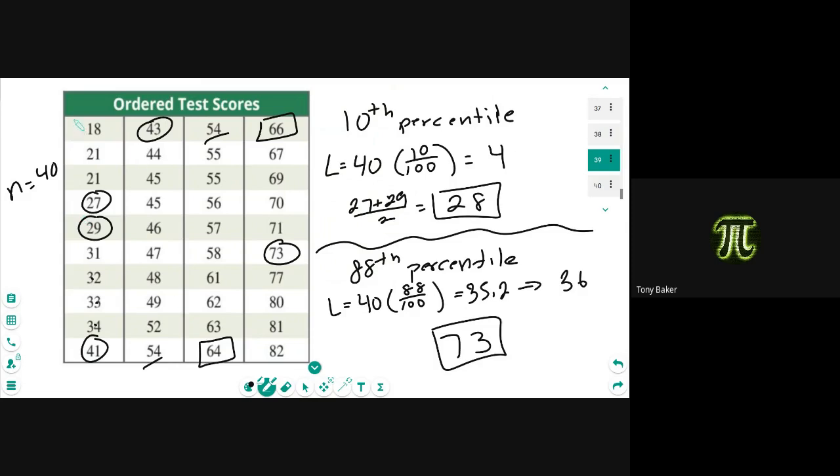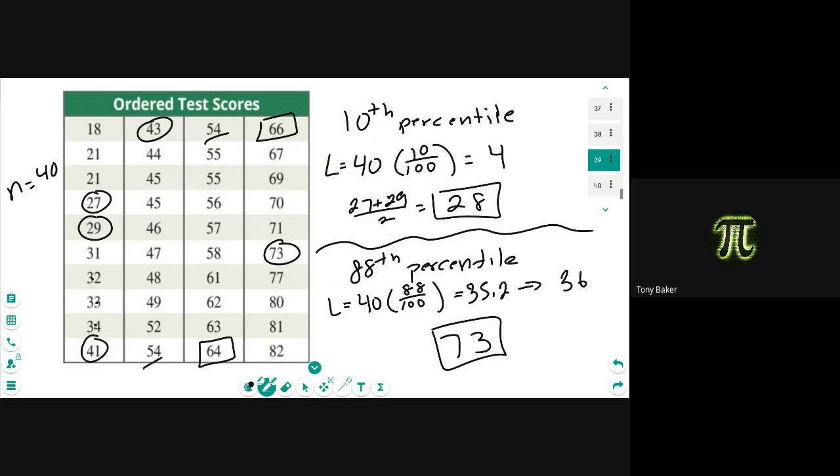So this section right here is in your interquartile range. So which ones are outliers? In this case, we have no outliers because all the numbers are between 18 and 82. So nothing's less than 7.5 and nothing's greater than 99.5. So we don't have any outliers in this situation.